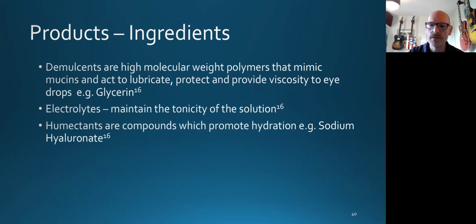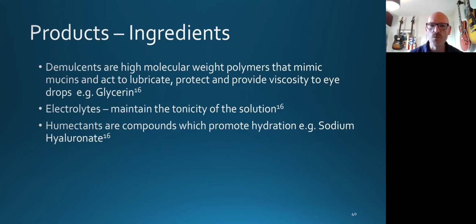What type of ingredients are we going to find in there? Well, we're going to find humectants, electrolytes, and demulcents. So if we think about humectants, these are really water-loving compounds. So they help to retain water, and they're quite resistant to dehydration. That's a good attribute to have for a product which is going to be used within the tear film.